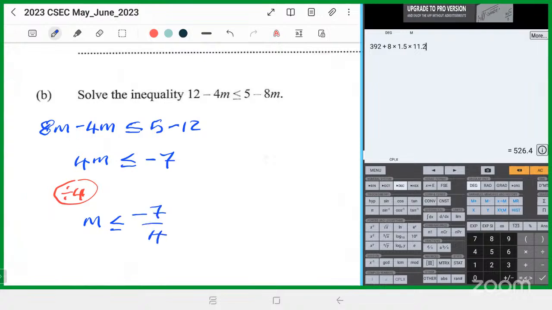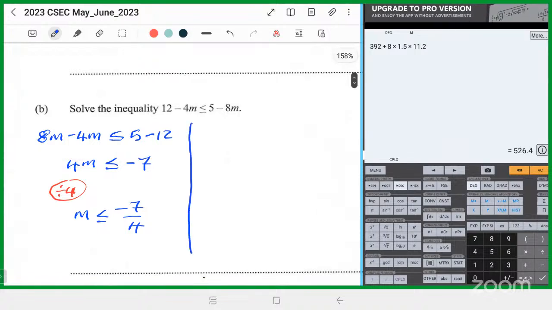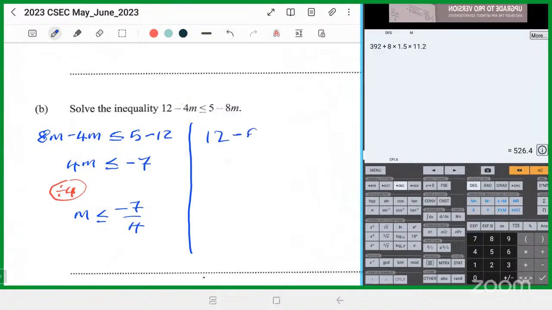That's it. I could have grouped the M on the right side instead. So I'm leaving this M over here and taking this one over there. Let's see what would happen. This 12 is on the left side, it stays on the left side. This 5, I'm going to bring over here and subtract it, so I get minus 5. The sign stays less than or equal to, I never multiply or divide anything.